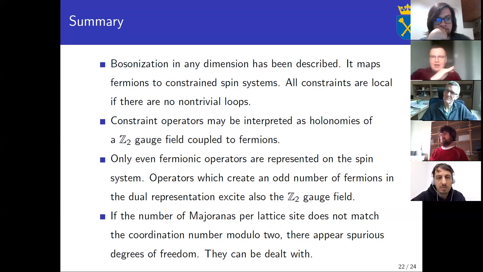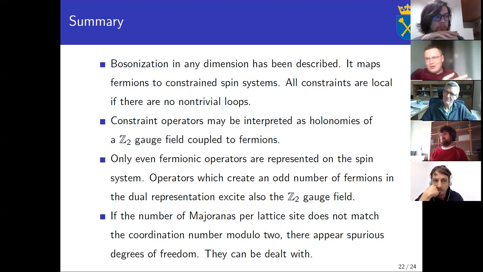first of all, in this situation with boundary conditions, which I mentioned, this is sort of forced upon you because there appear these spurious degrees of freedom. So we wanted to formulate everything in such a way that they can be incorporated.